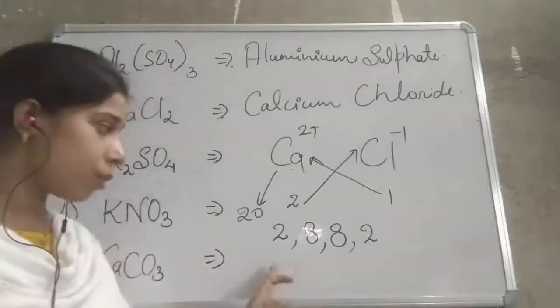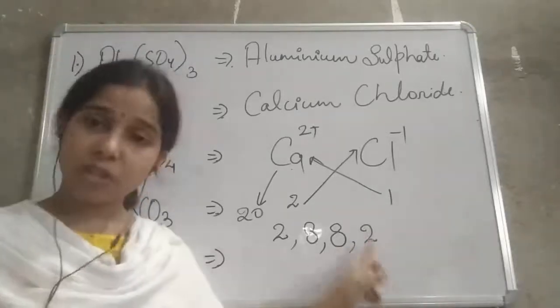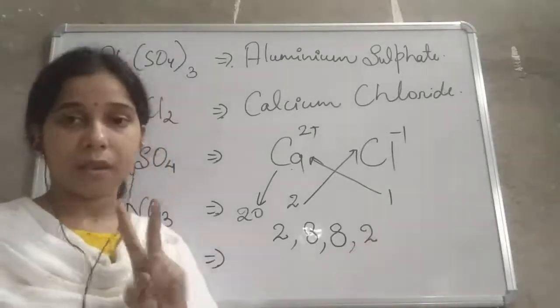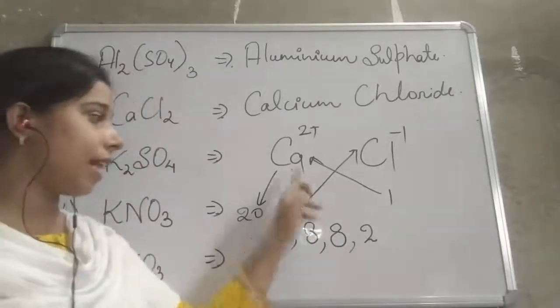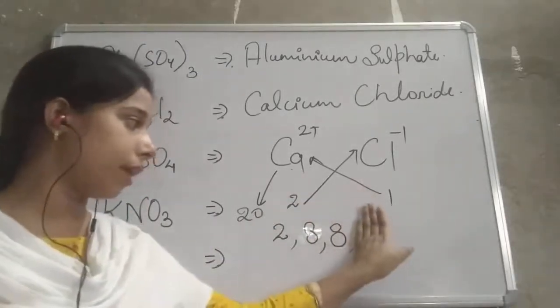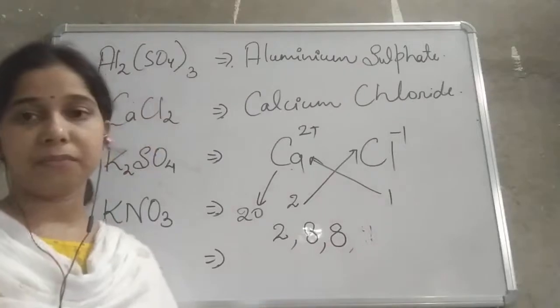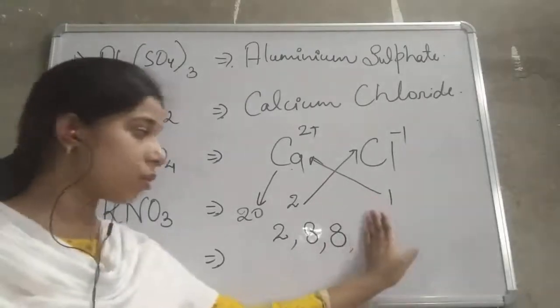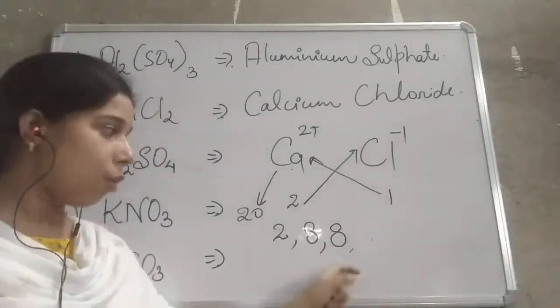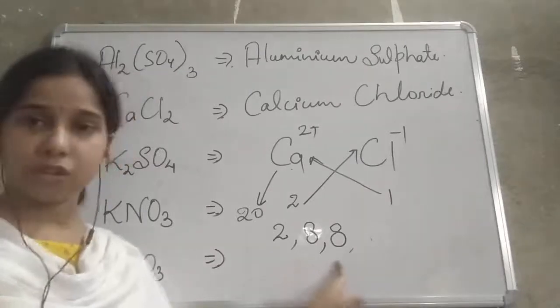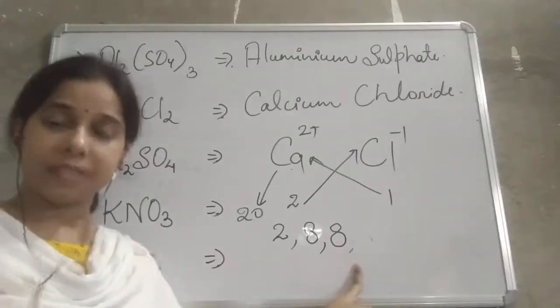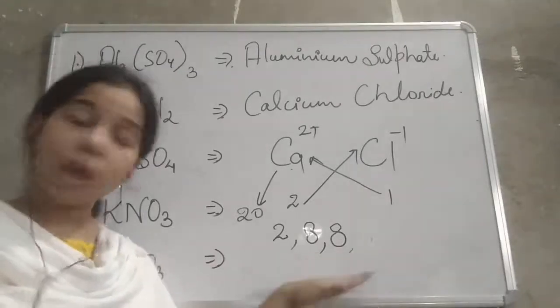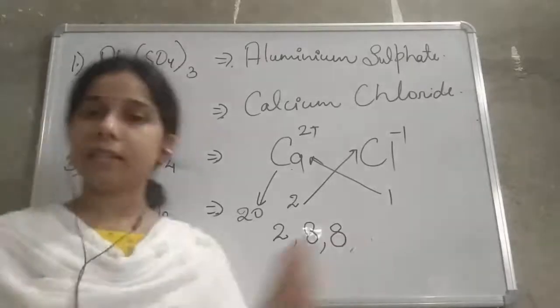Now see here, students, at the last shell 2 electrons are there. If this element loses these 2 electrons from the shell, how many electrons are left in the last shell now? That is 8. So now 8 electrons are there and it is stable.